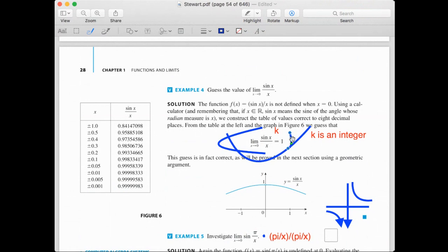And we could extend this to be this whole thing raised to some k power.